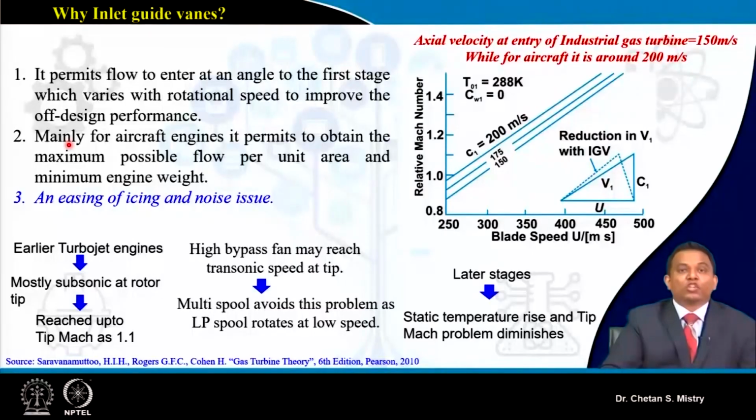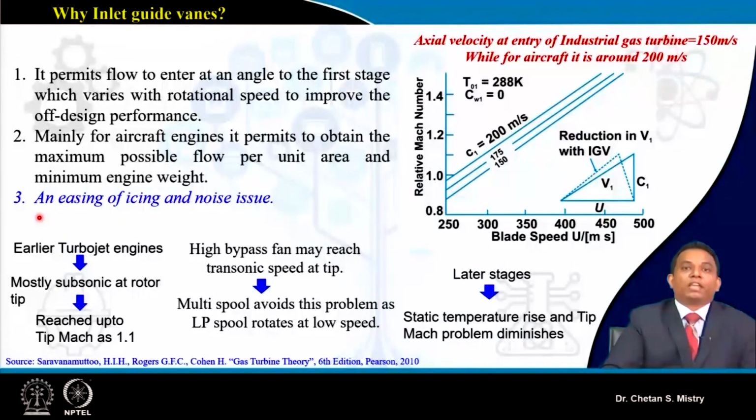Okay, the next issue it is addressing is the easing of icing. When you are flying at altitude, or moving towards the western side, you will find that the temperature is lower. So these inlet guide vanes are provided with some heaters.